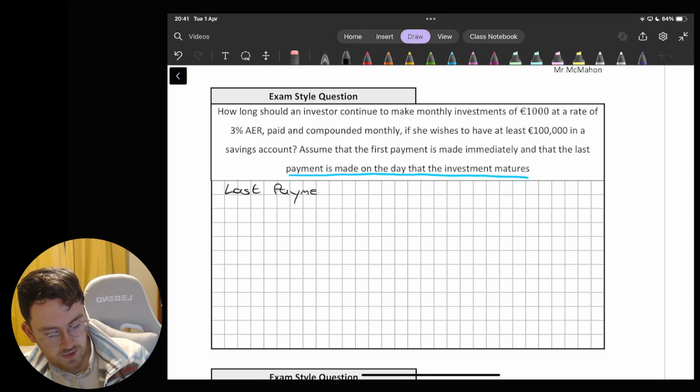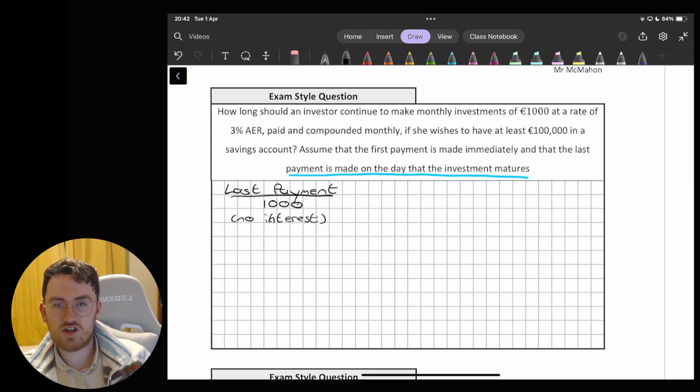So that, for me, means that the last payment of €1,000 will accrue no interest, because it hasn't been sitting in the account for very long at all. I've paid in €1,000 and then I'm done. It's not gaining any interest. The hope is that I'm putting that in to get €100,000. So that last payment has no interest.